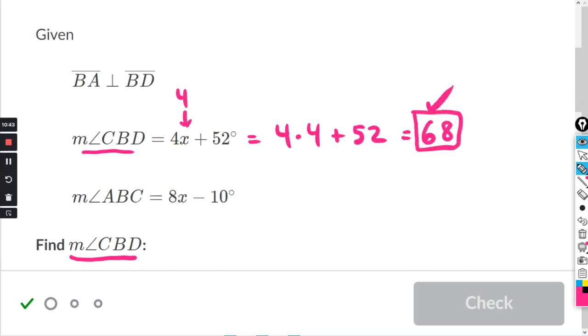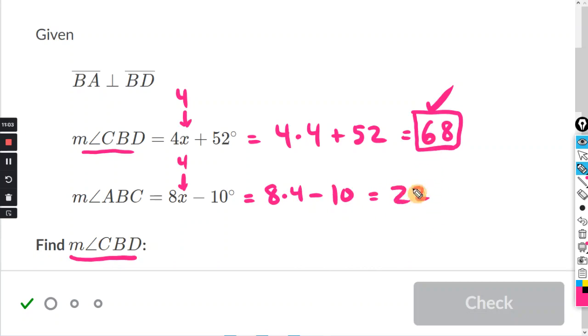Now, if you want to check your work, like I said, if you're confident, then you can go with that. But if you want to check your work, plug in the x in the other angle as well. So this is 8 times 4 minus 10. 32 minus 10 is 22.